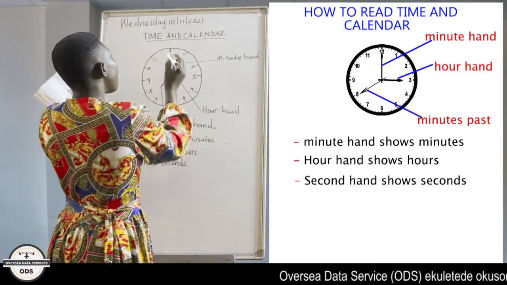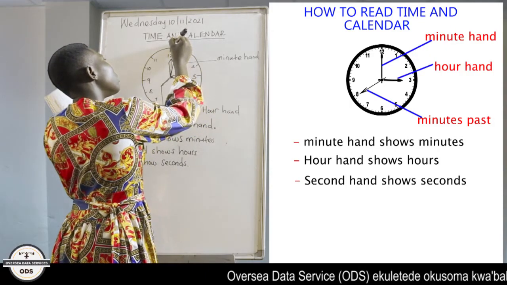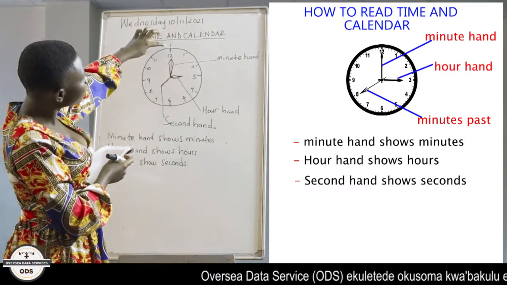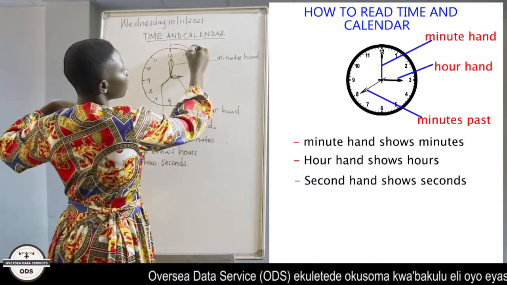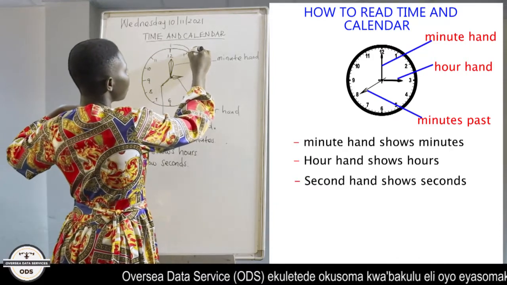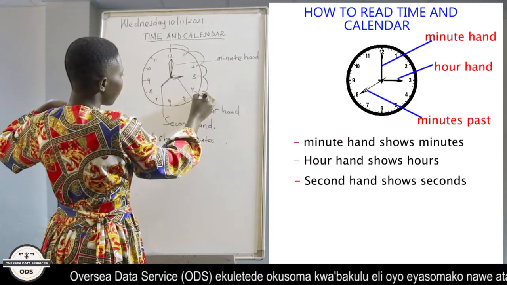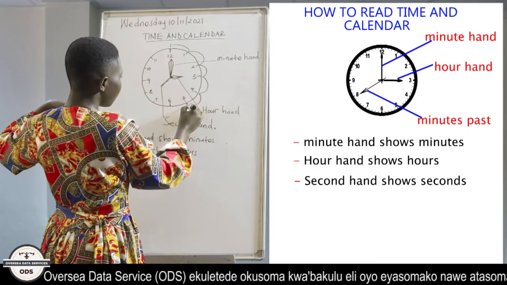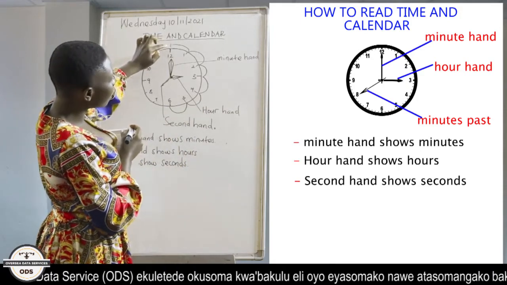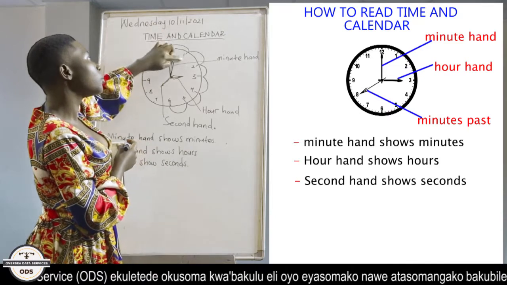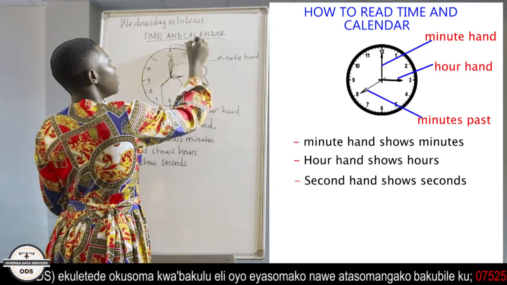But from here, when we are counting minutes now, from 12 to 1, when we are moving like this, that is 1, 2, 3, 4, 5, 6. Each step here, we have moved the step from here up to here. That is 5 minutes.